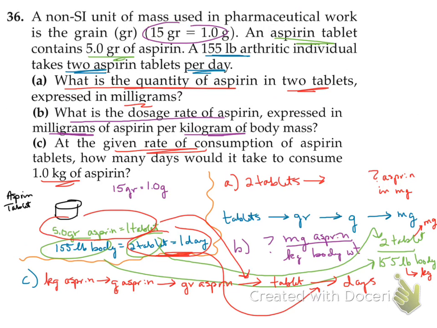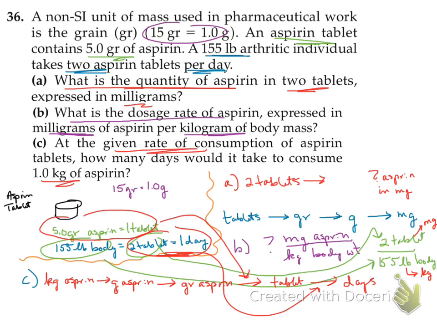And then the last one, C, at the given rate of consumption of aspirin tablets, how many days would it take to consume 1.0 kilograms of aspirin? So this one, can you see where the only number they give you is 1.0 kilograms of aspirin? That's probably going to be my first number. Okay, so actually it is.